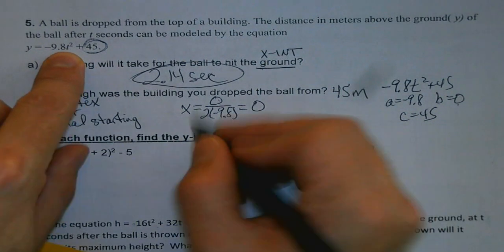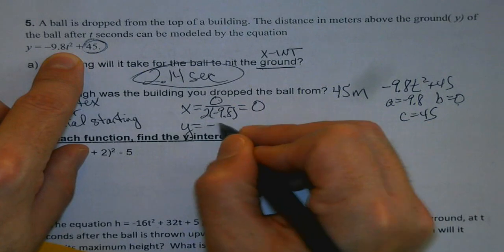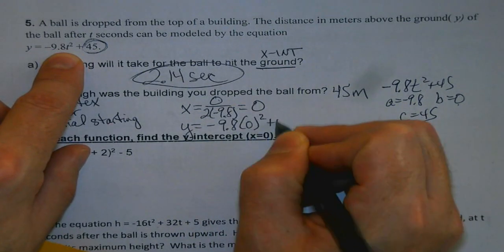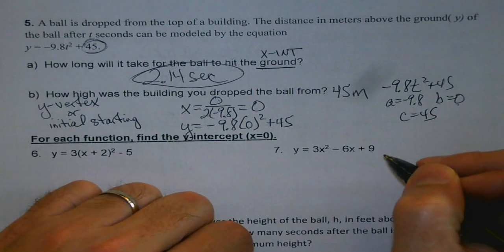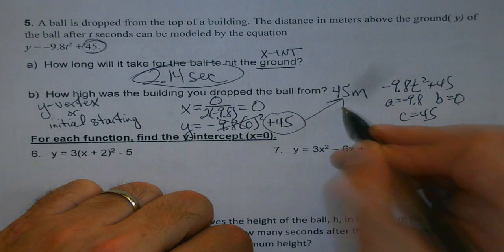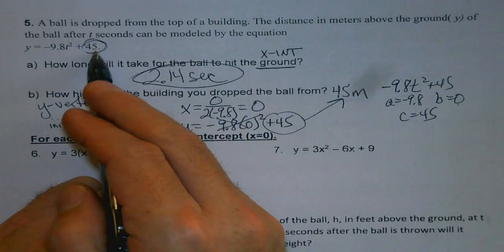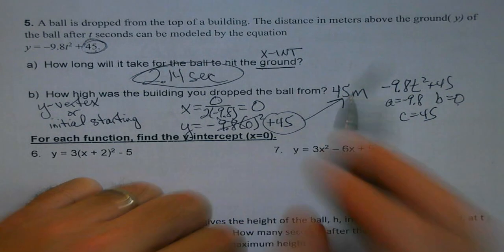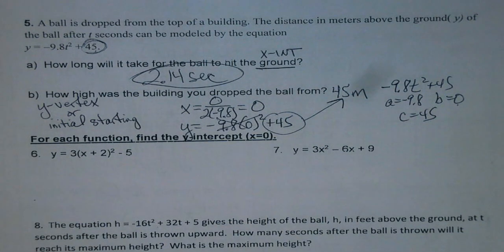And if I plug that in for y, negative 9.8 times 0 squared plus 45, that all just goes away and gets me 45. So whether I look at it as the C value, or I actually do the vertex, I get to the same place. So it's like 2 ways to get where I'm trying to get to.